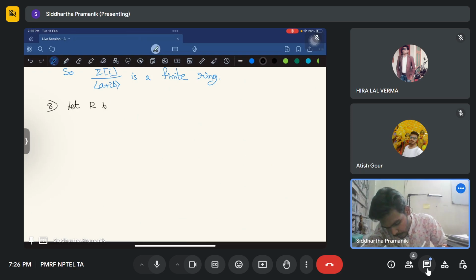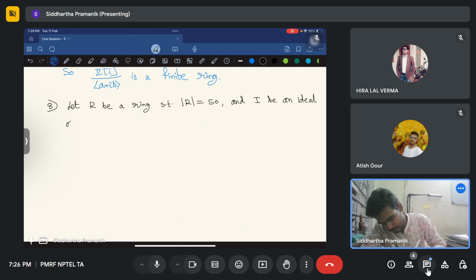Let R be a ring such that the cardinality of R is, let's say, 50, and let I be an ideal of R such that the cardinality of the set I is 10.